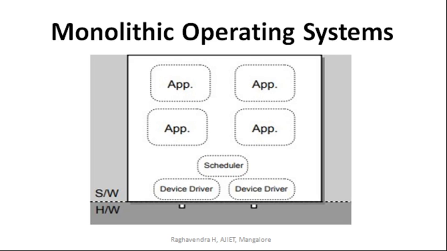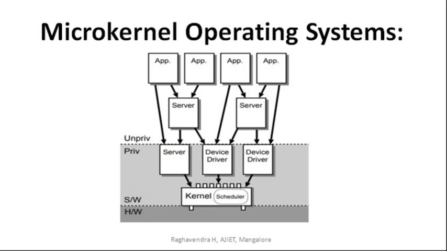operating system. The better solution for the monolithic operating system is the microkernel operating system. In the block diagram of the microkernel operating system, we can see there are four applications, and an application can directly communicate with a server.